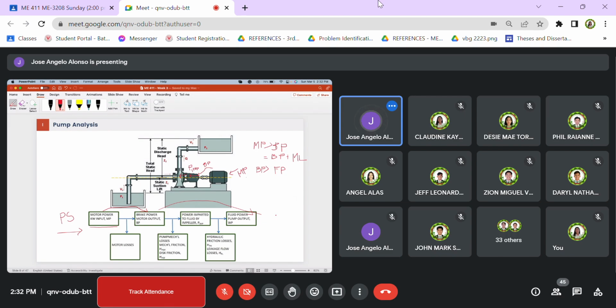Pero minsan naman, baliktad, we need to determine first the total dynamic head, then finding the fluid power using the equation, then determining at last what will be the motor rating or the motor power required para mapatakbo natin yung pump dun sa problem. So again, ang objective natin is to know the parameters na kailangan nating malaman whenever we are designing a pump or whenever we are designing a system that involves pump or pipes.